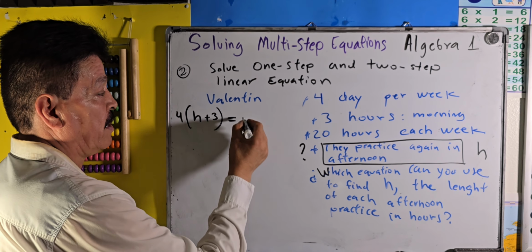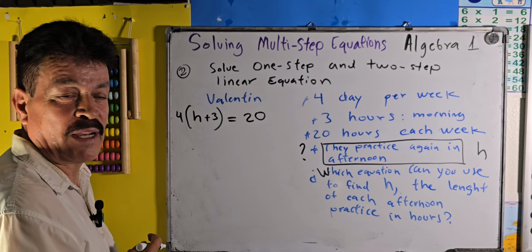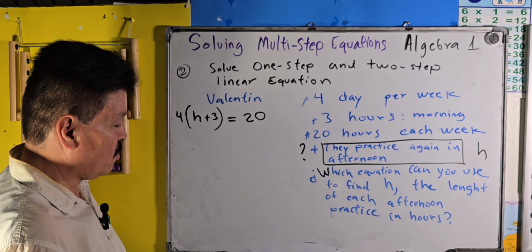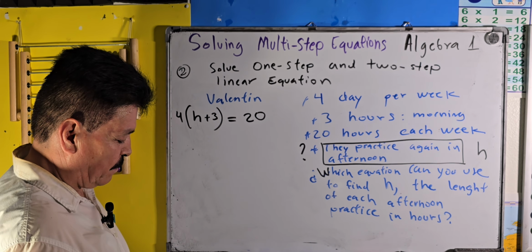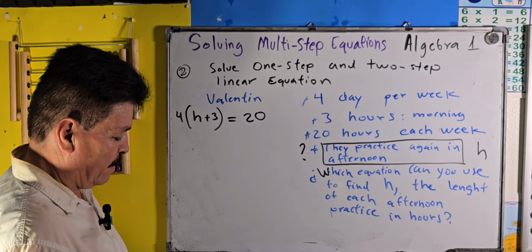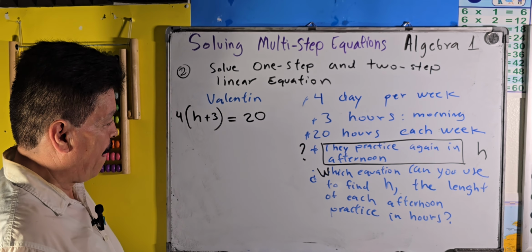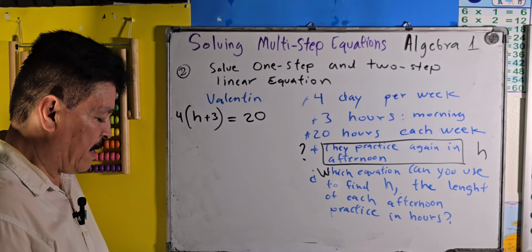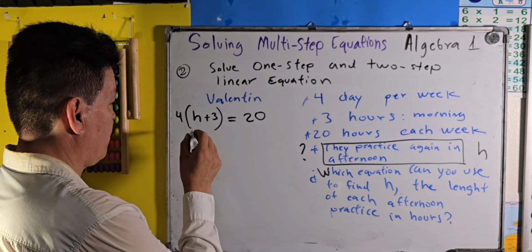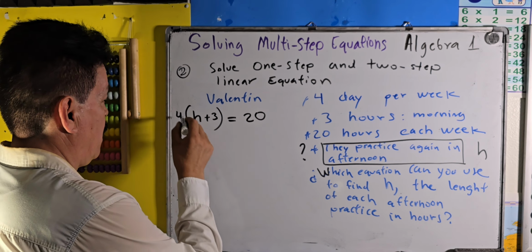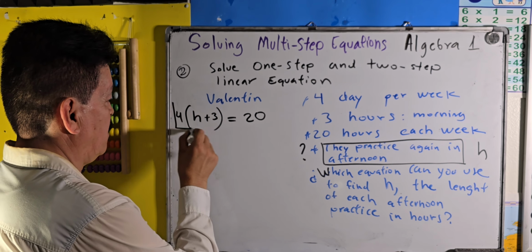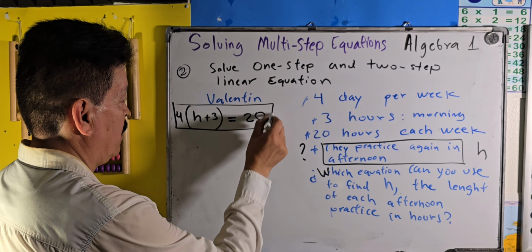The total each week equals 20, right? It's easy. You just have to understand the problem. All right. So we have something like this. This is a very important question.